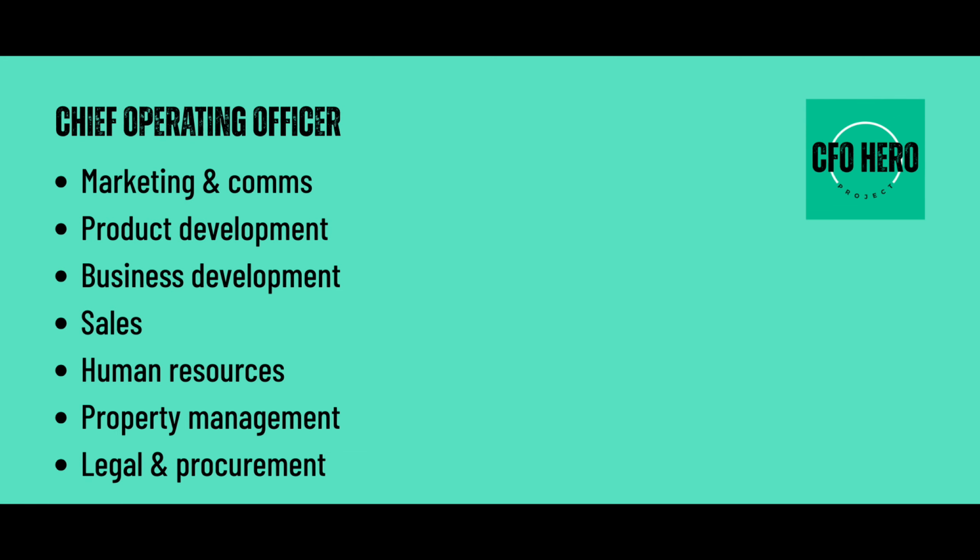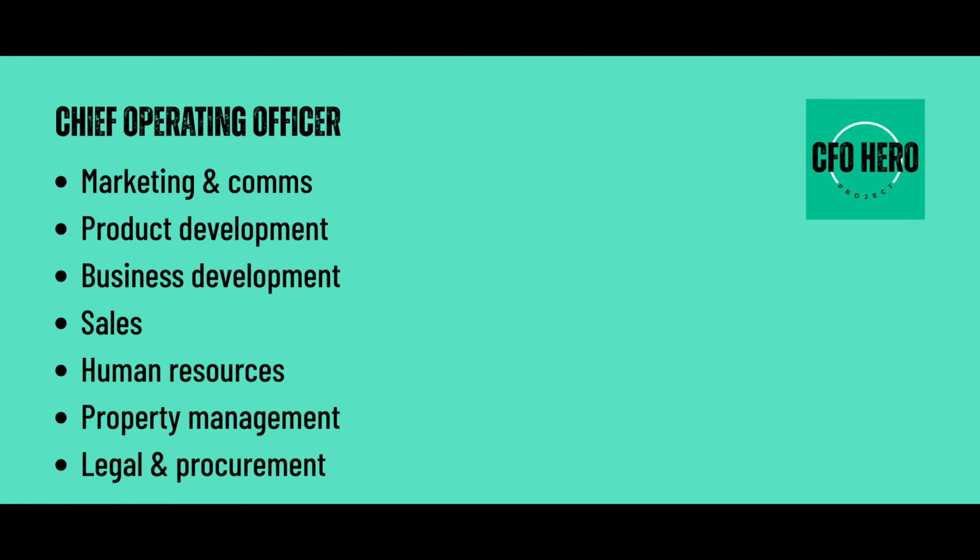The types of areas that are going to come under the COO are marketing and communications, product development, customer acquisition, client service, a lot of areas where there are touch points to the customer and customer-facing issues that go along with it. This will also include business development functions, where you may have a sales team, and there may be people around doing things like training or general customer support.